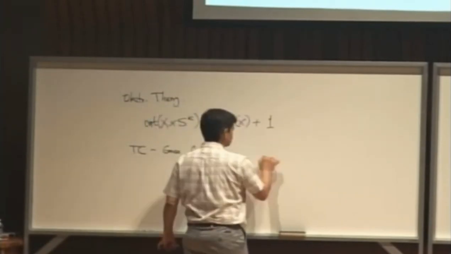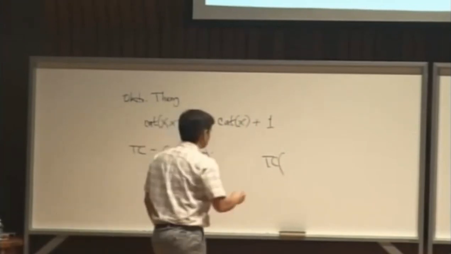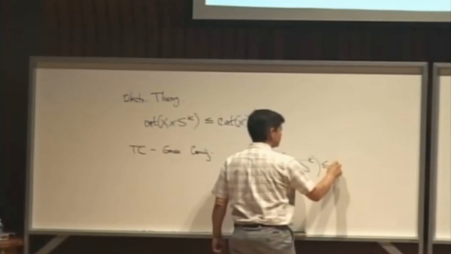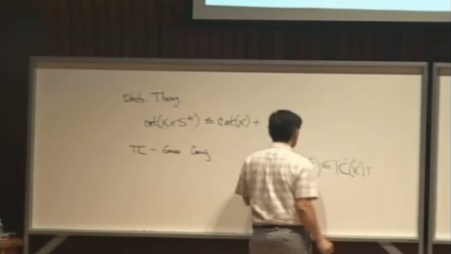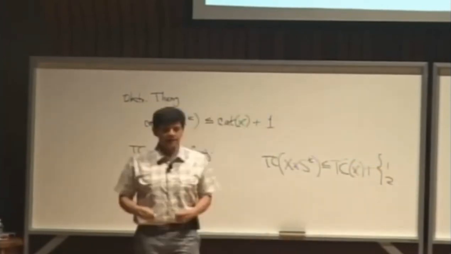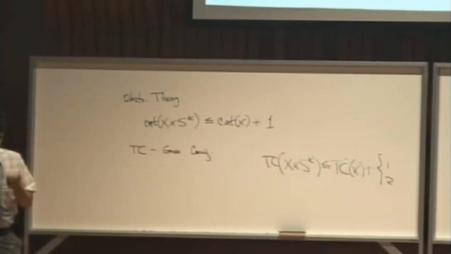So, for instance, topological complexity, just as its relative category, is additive. In particular, this satisfies that this is less than or equal to TC of X plus TC of the sphere, which is either 1 or 2. And actually, the three possibilities should hold.